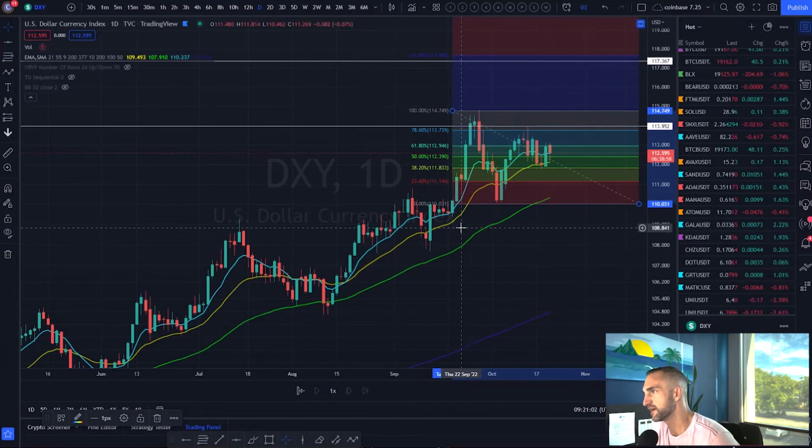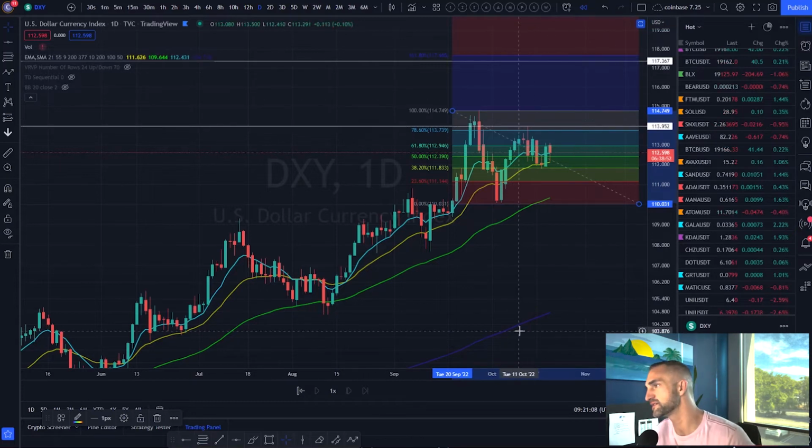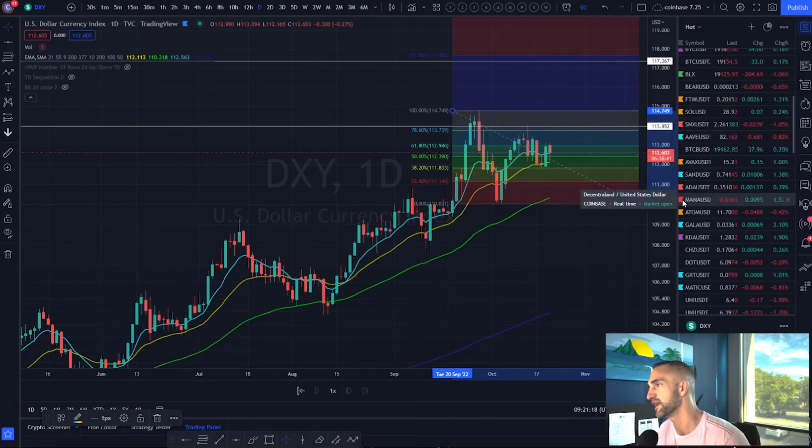So again, short-term target on the dollar, if we start closing above 114, would be up towards that 117 target, and that would most likely initiate that. That could be the catalyst if the dollar starts getting bullish over the next couple of days.